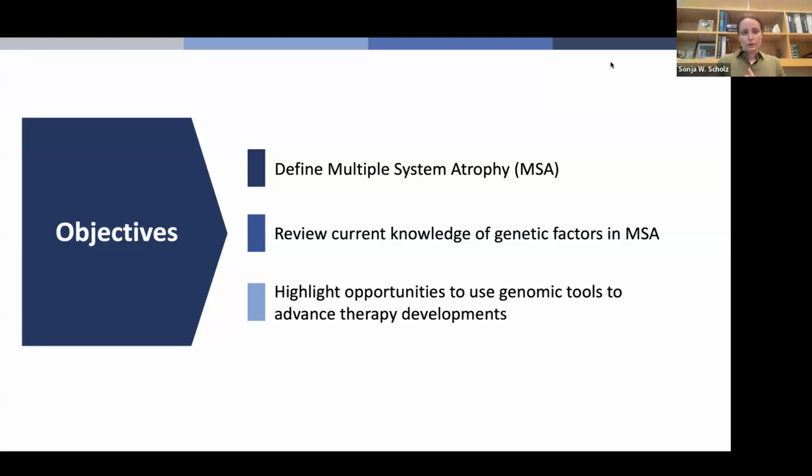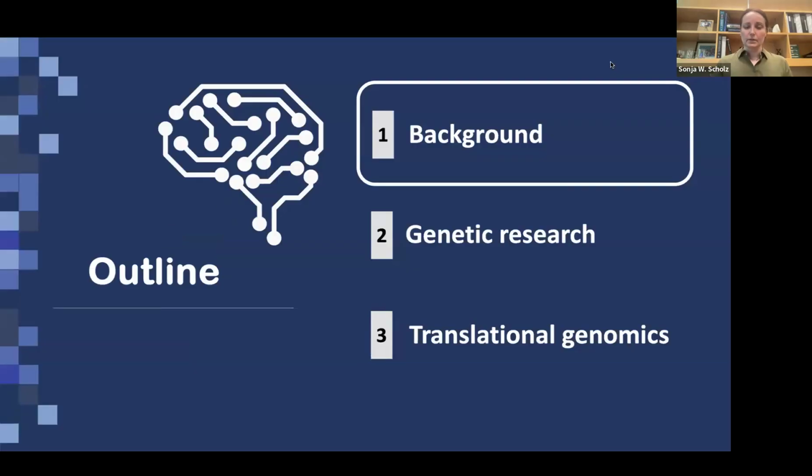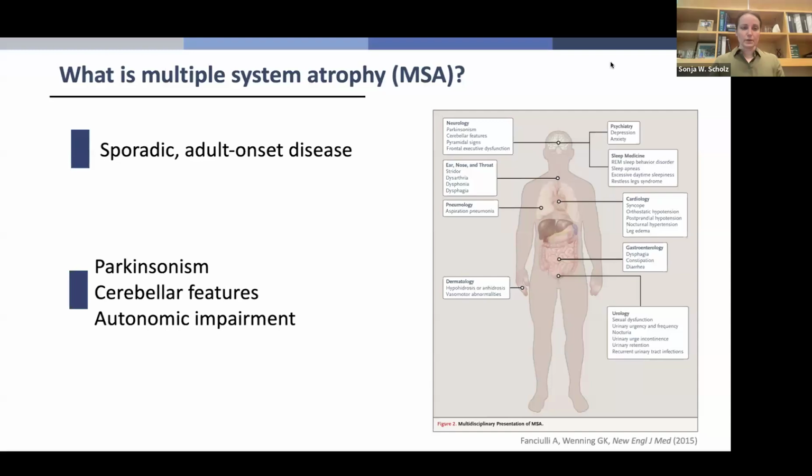And also I really want to highlight how we can leverage modern genomic advances, technological advances, in a more translational context. How can we gain more insights into the disease? But also we really want to obviously advance therapy development to make this disease more treatable and perhaps one day curable. So let me just start out with giving a little bit of background information.